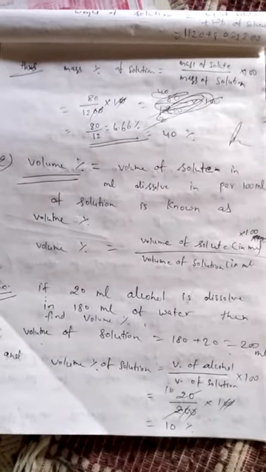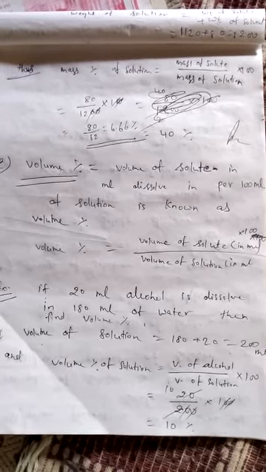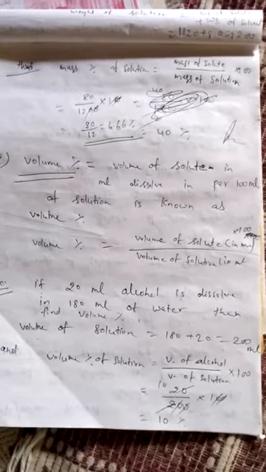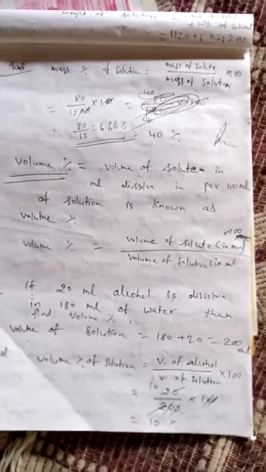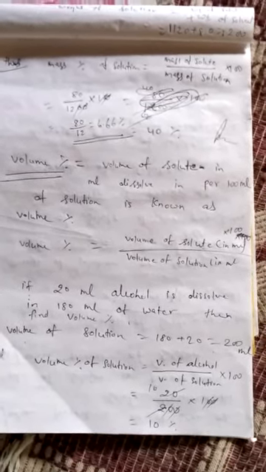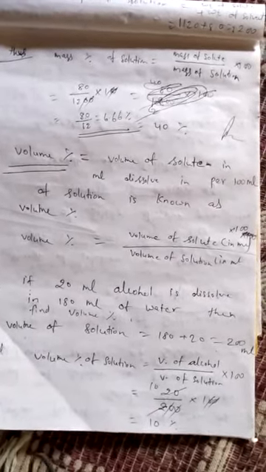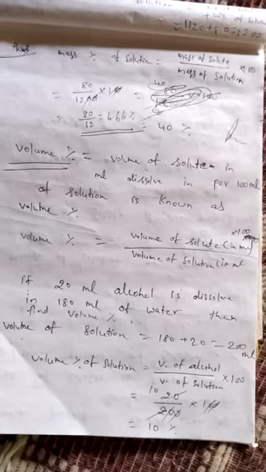That is, the volume of solute in ml dissolved per 100 ml of solution is known as volume percent. That is, in 100 ml of solution, how much volume of solute is present. This volume of solute is known as volume percent.